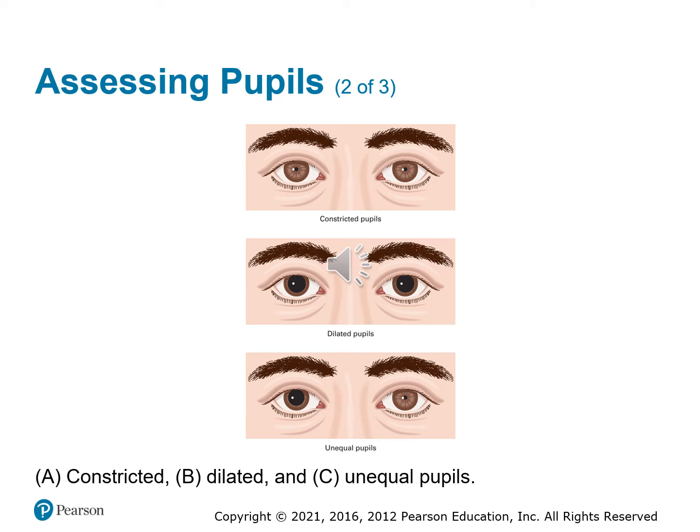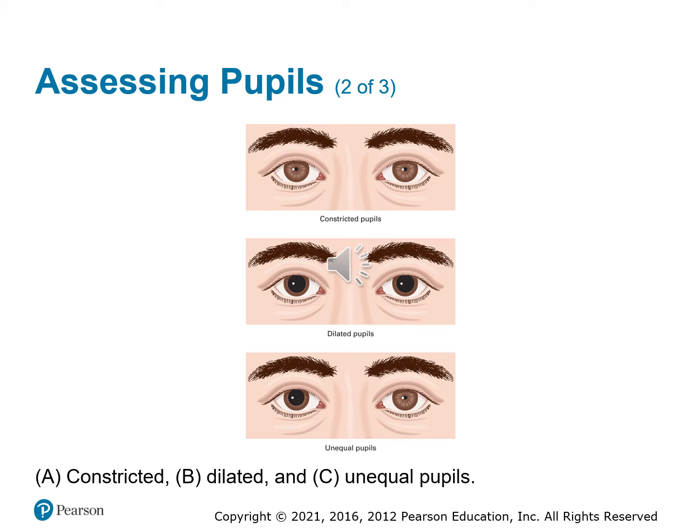And then from an assessment standpoint, these are the three different things that you'll see with the eyes. Constricted eyes, so it's when that black is smaller. Dilated eyes, when it's bigger. And then unequal pupils, so one side might be big, one side might be small. Very obvious when you see this in the assessment.